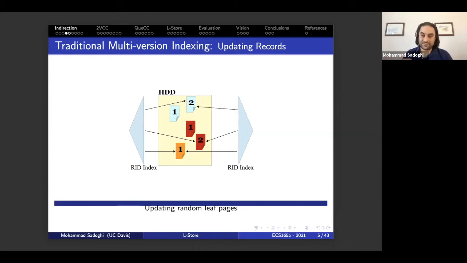Not only do we add the new version of the record where the new read is, but we also want to remove the old version, because otherwise the indexes keep getting bigger and bigger. So that's a typical setting. You usually remove the old version from the index. The data is still there, but the index is not pointing to the old data. The indexes only maintain the latest version.